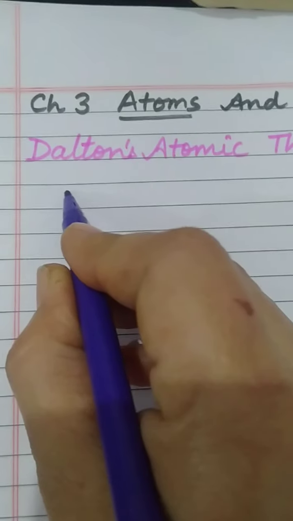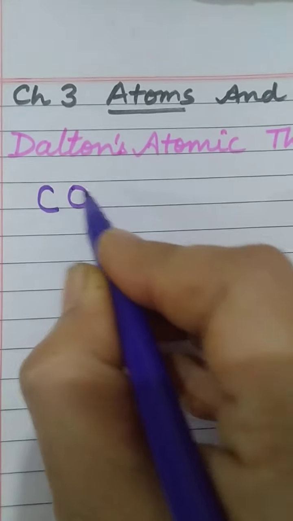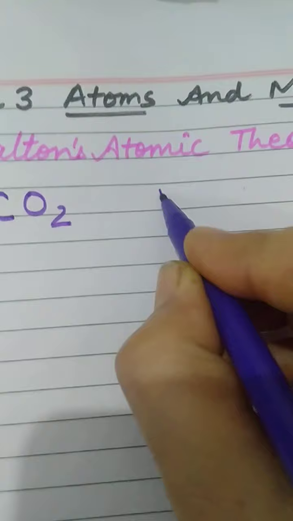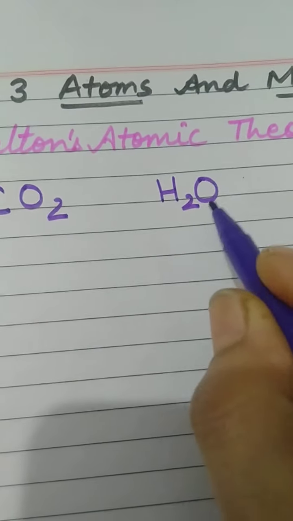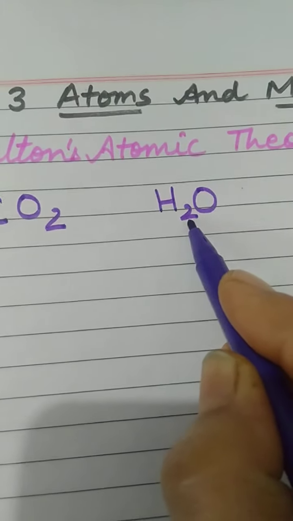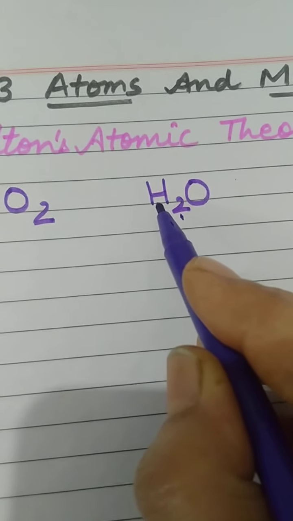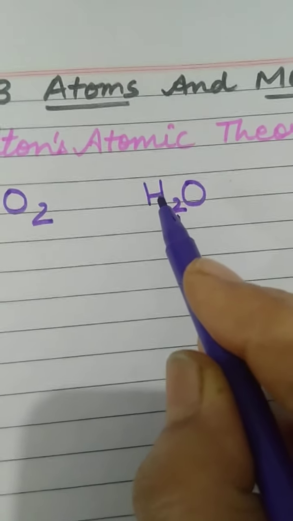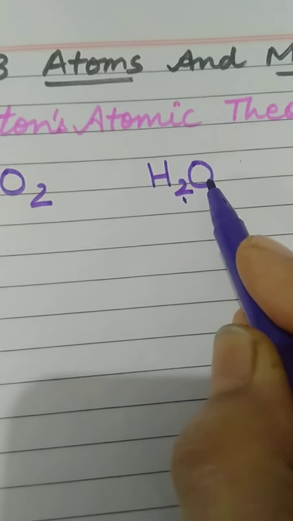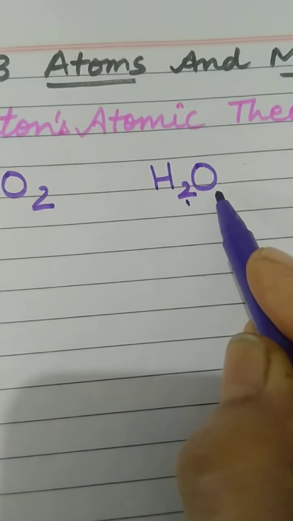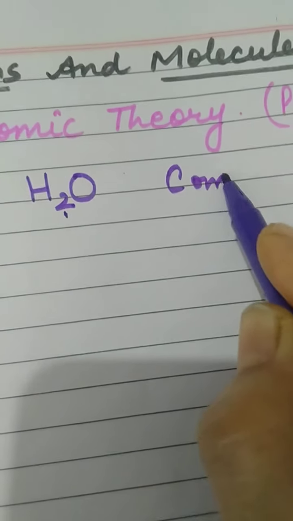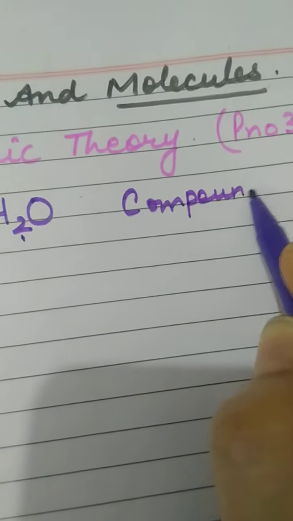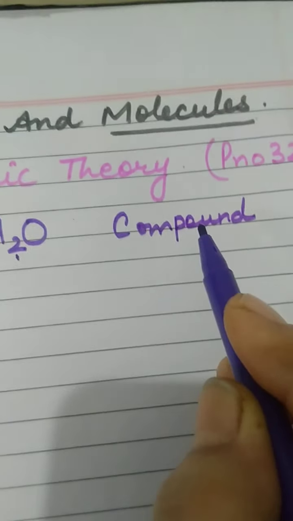Students, if you remember, I had already explained to you that if we take a compound like carbon dioxide, or water, according to the sixth postulate, the kind of atoms and number of atoms of each element in a compound is always constant, the same.